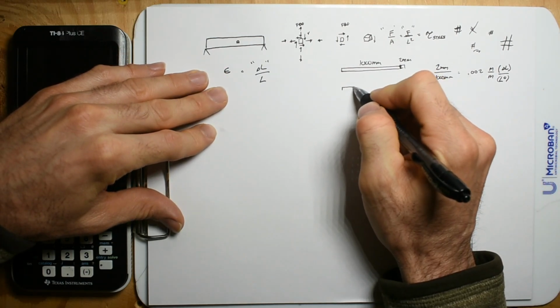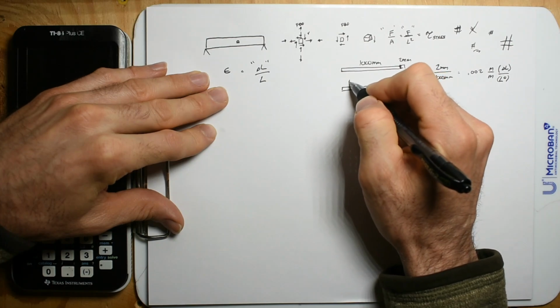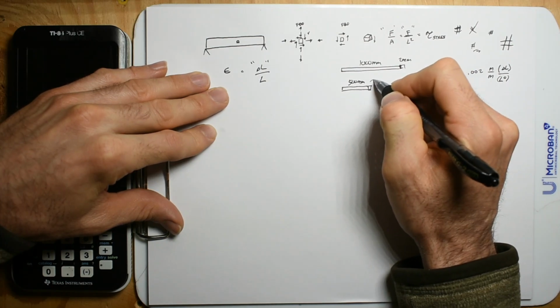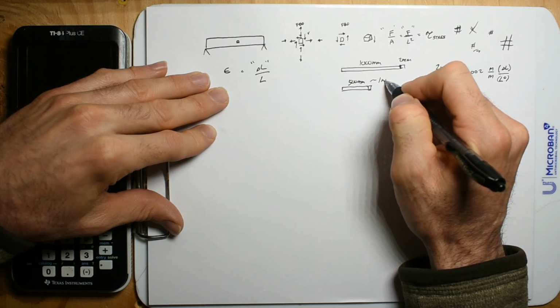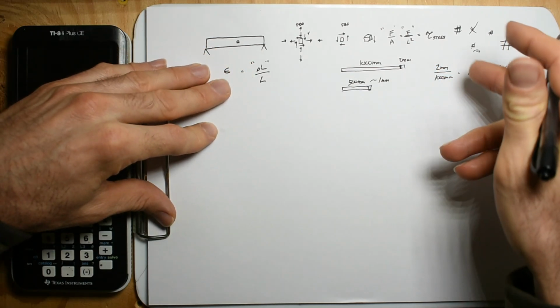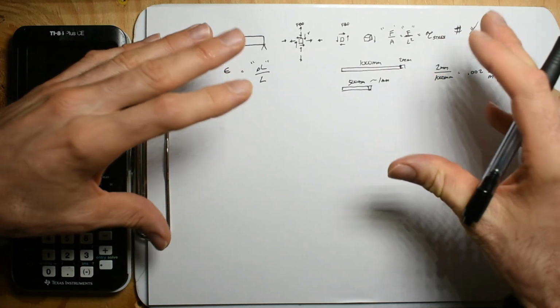And so if I was starting out with only 500 millimeters, I could only lengthen this length of steel by 1 millimeter. And this also gets into what's synonymous.